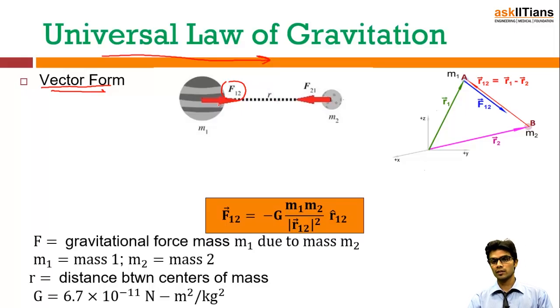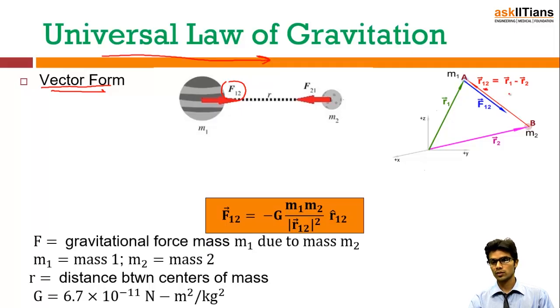Now let us consider a coordinate system xyz with two bodies: mass m1 at point A and mass m2 at point B in the coordinate system. r1 and r2 are the position vectors of mass 1 and mass 2 respectively, and r12 is the displacement vector BA.